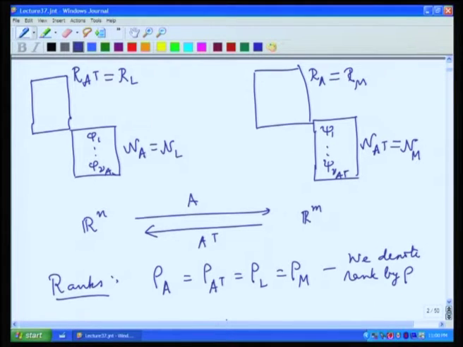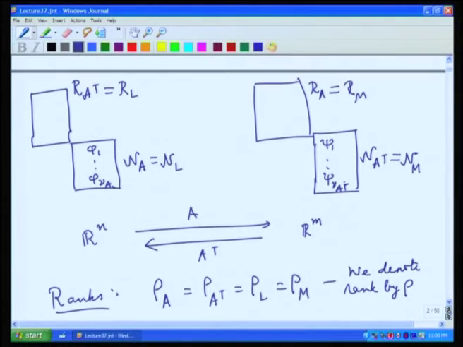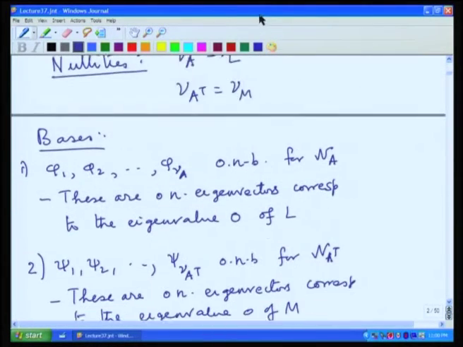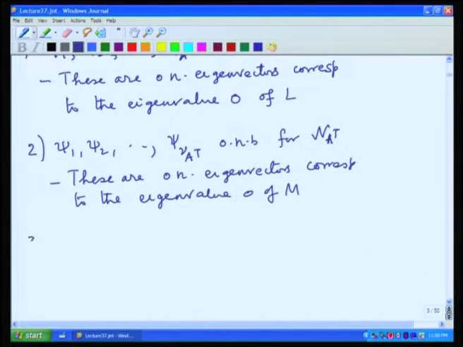Then we went about the task of finding the basis for the other two subspaces. We found that v 1, v 2, up to v rho form an orthonormal basis for the range of A transpose.